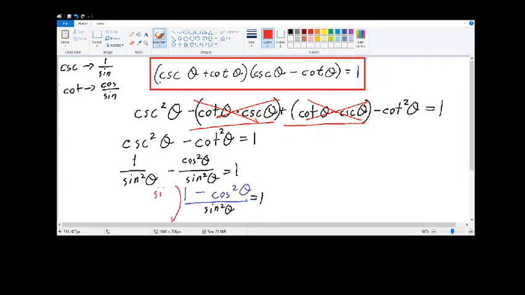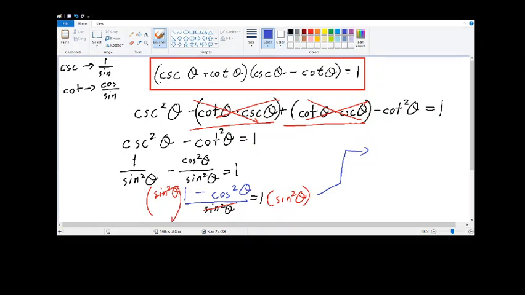So if I multiply this by sine squared theta over sine squared theta, in this case, we're not actually setting it equal to 1, my mistake. We are just multiplying by sine squared theta because we want to cancel these out. And what you do to one side, you do to the other. And 1 times any number gives you that same number.